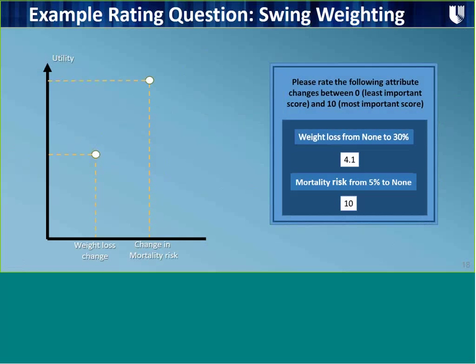Normally in swing weighting, people start by stating what's the most important attribute or change in an attribute and assign that a 10 or some sort of normalized value, and then evaluate any other category where they assign the points that they think reflect the proportion of the height of those states vis-a-vis the most important state, okay? So here, we're not even getting at the value of profiles, considering benefits and risk.